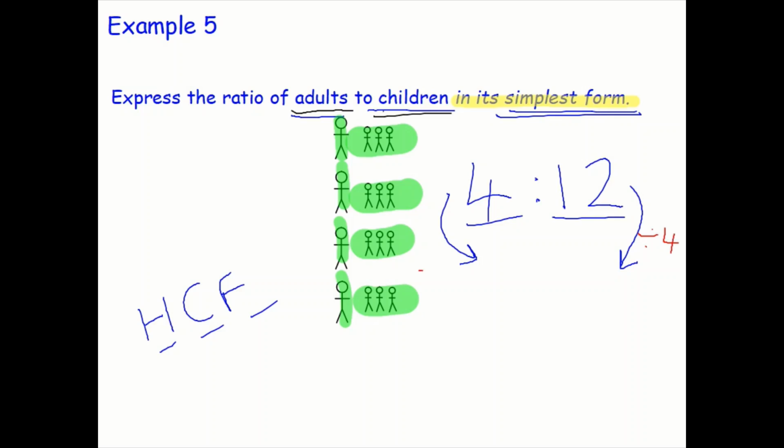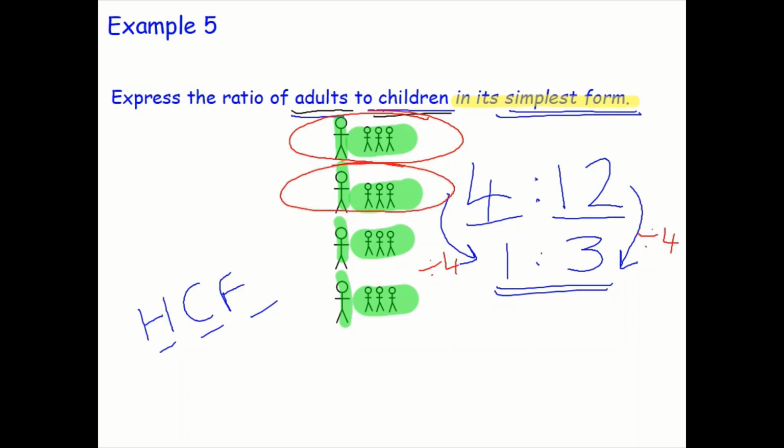Okay, so I can divide through by 4. And I get 1 to 3. So my ratio in its simplest form is 1 to 3. And actually, you can see that on my diagram here, because look, there's 1 adult to 3 children, 1 adult to 3 children, 1 adult to 3 children, and 1 adult to 3 children. So there you go, 1 adult to 3 children.